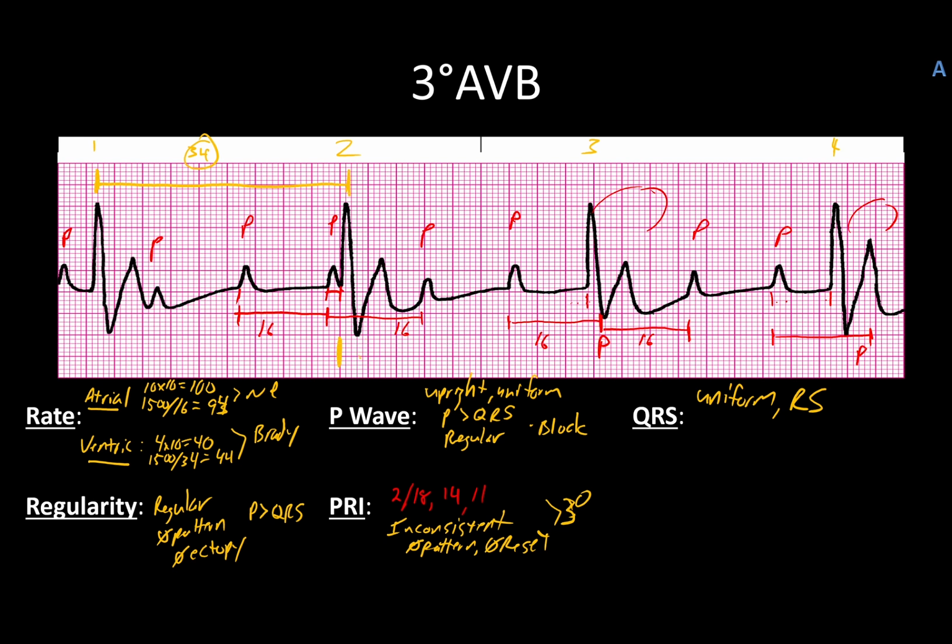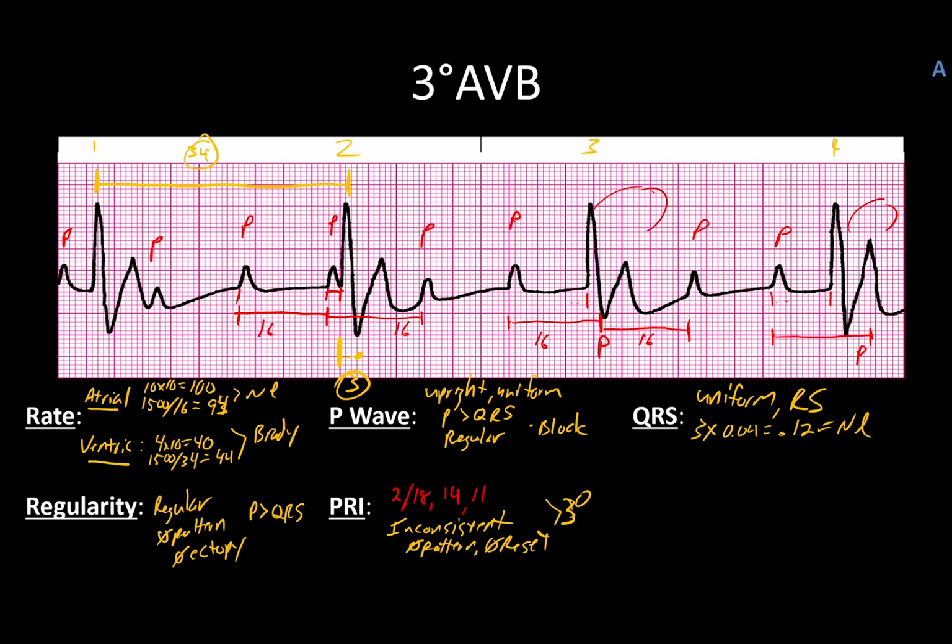And so I'm going to mark right here on this line. And so that gives me a total of 3 small boxes. And if you do that for each of these, you'll find that it's 3 every time. Which is normal. It's a little bit wide, but it's essentially normal. And that's pretty much where we wind up with this.